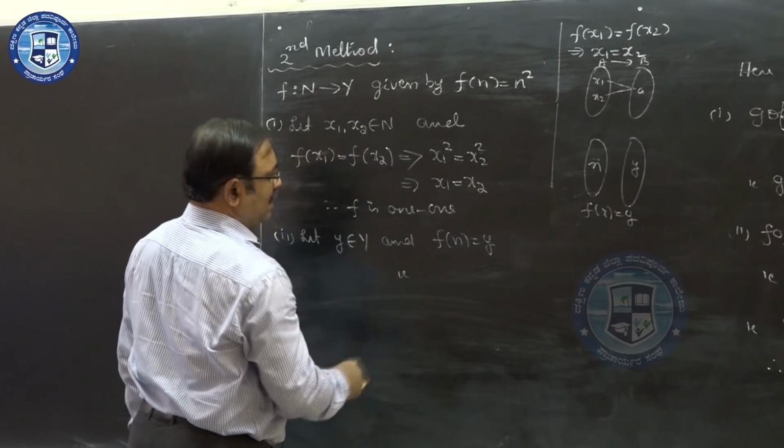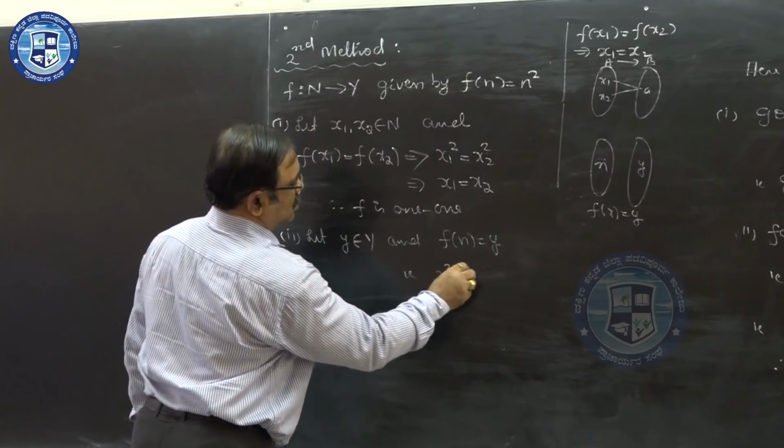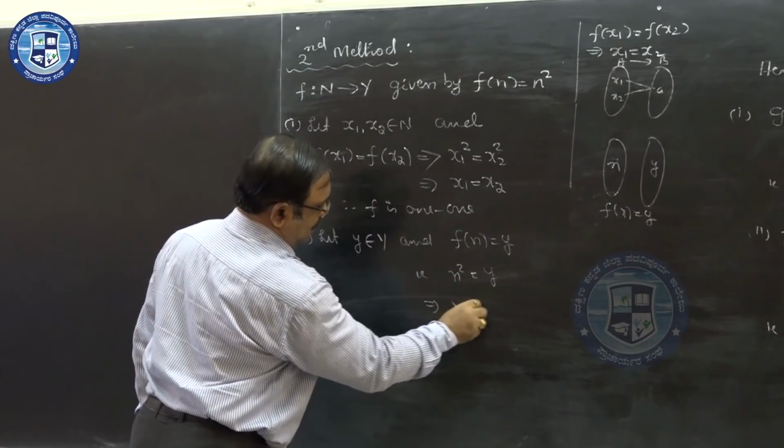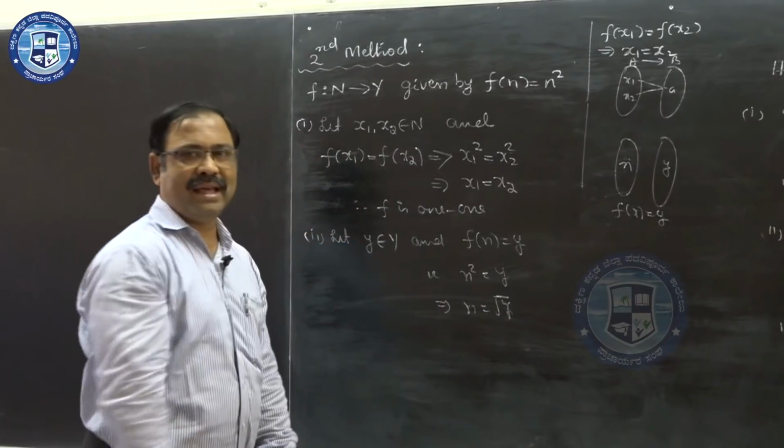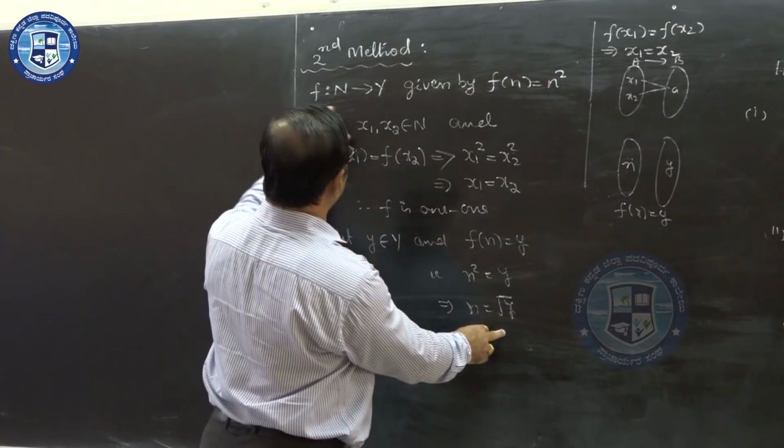What is f of n? n square. That implies n is root y. Now, does root y belong to N?